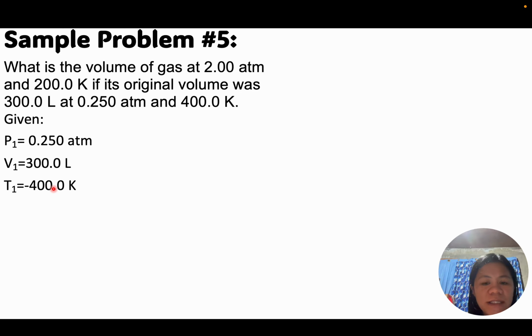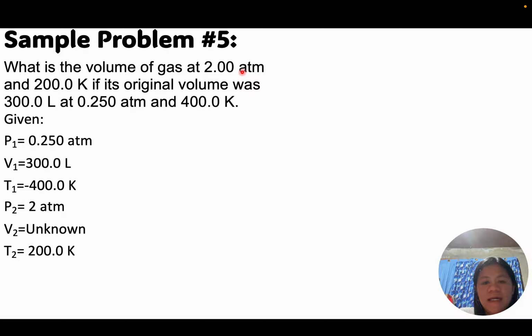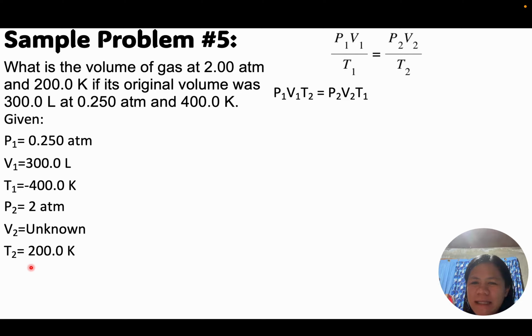So, as what you notice, hindi na tayo nag-add ng 273 kasi in Kelvin form na siya. Ang P2 naman natin is 2 atm. At ang ating hinahanap, no, is the V2. And ang ating T2 naman is 200 Kelvin. So, again, hindi na tayo nag-add ng 273 kasi nga Kelvin na siya. So, again, same formula, i-linear lang natin siya.